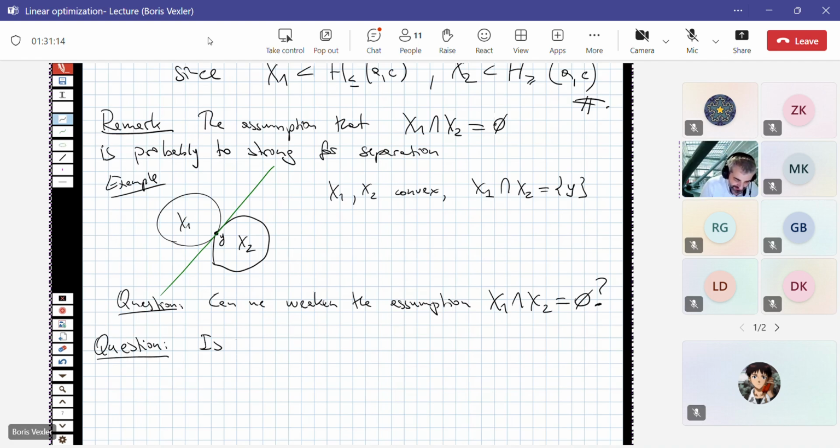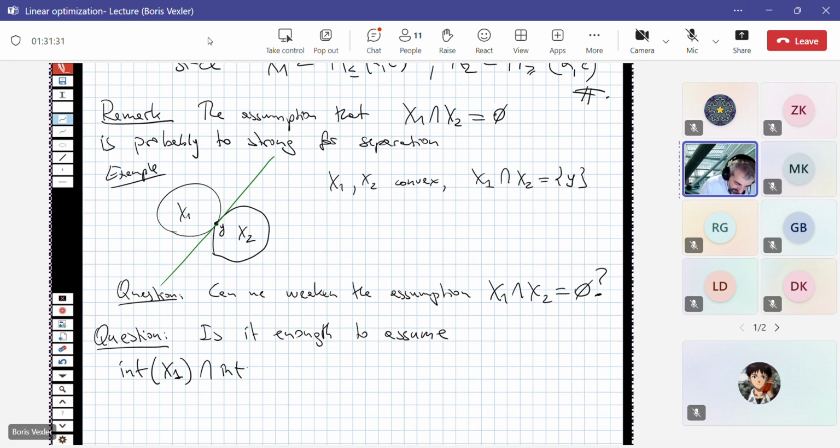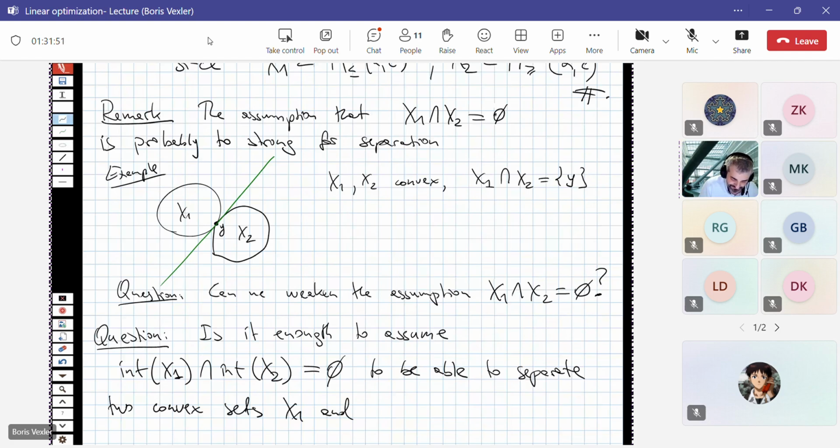Is it enough to assume that the interior of x1 intersected with the interior of x2 is empty to be able to separate two convex sets x1 and x2 by a hyperplane?